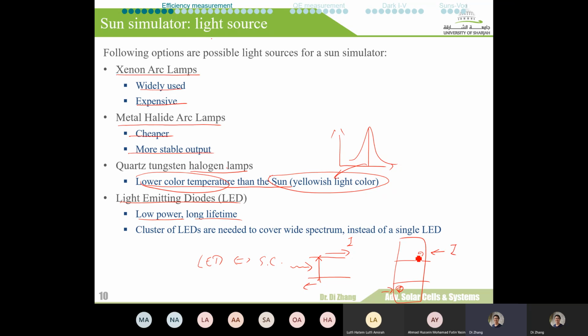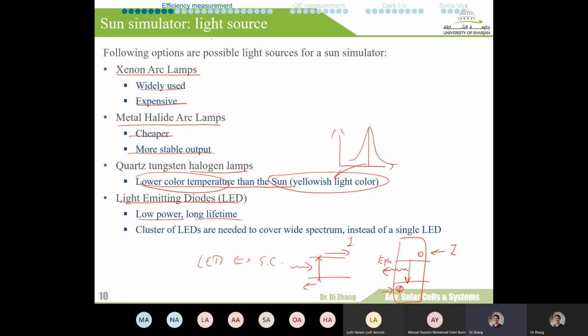There, instead of excitation, the electron actively recombines with the hole. In doing so, the electron has to lose energy, and this energy loss is released as light emission, as a photon, basically. That's why they are very similar to each other.